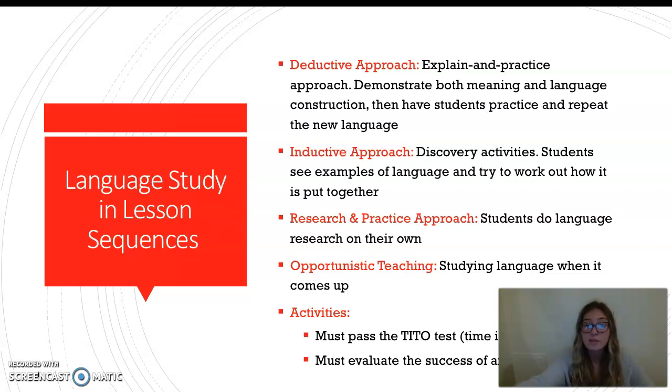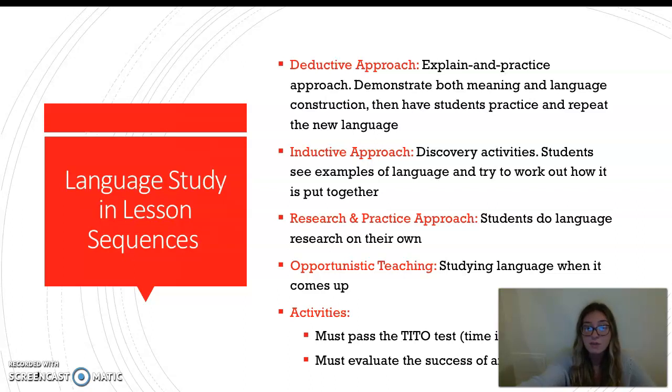Maybe they heard something in the hallway at school or in real life in town and they want to know what it means. So this is a part of not being so rigid in the lesson plan that you've prepared and allowing some flexibility for different conversations to arise and different learning opportunities.